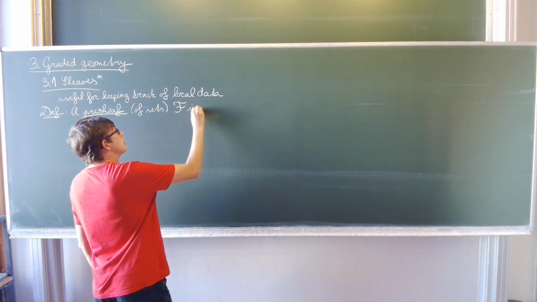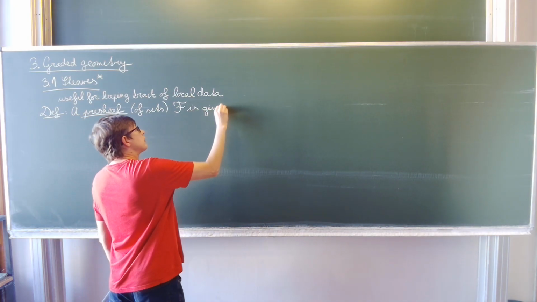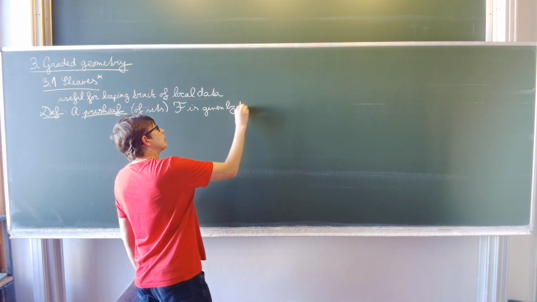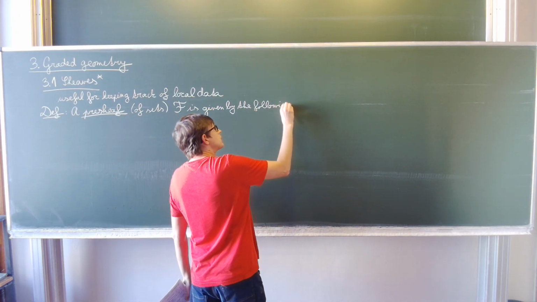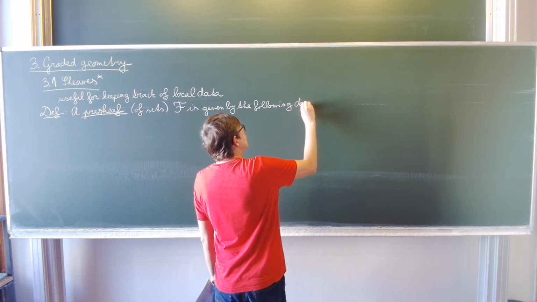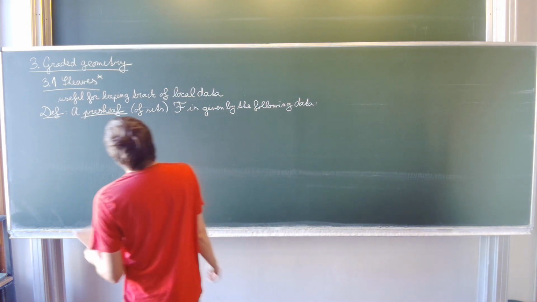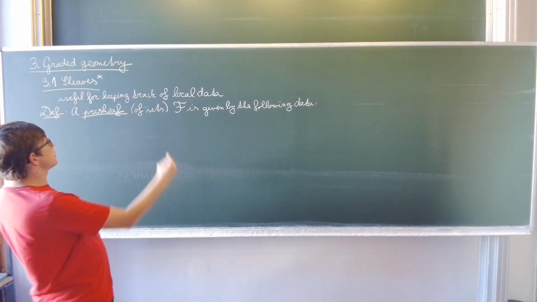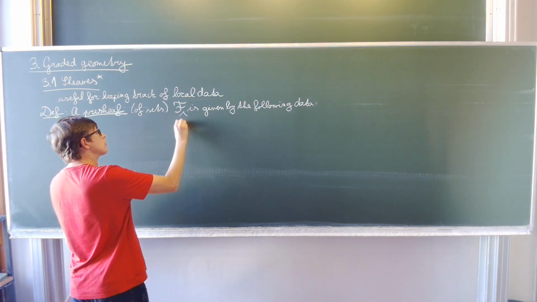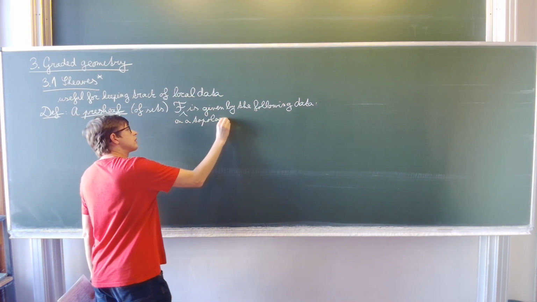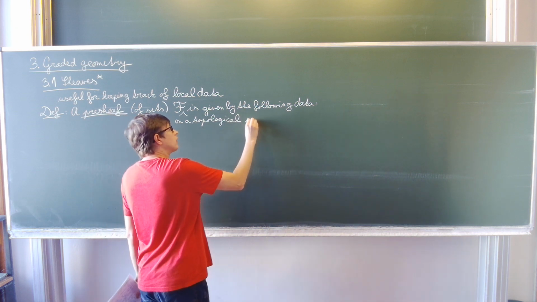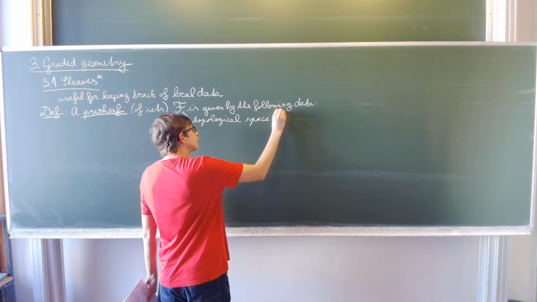Okay, so this is given by the following data. I will be first explicit and then I will tell you a more concise definition. And of course I forgot, so this is a sheaf F on some topological space. Okay, so forget about manifolds for now. It will be more general.